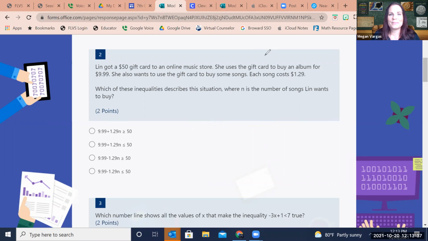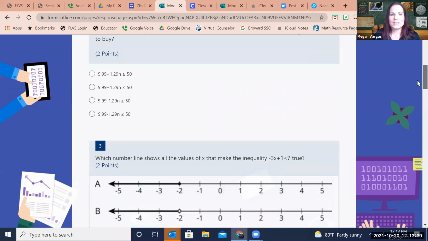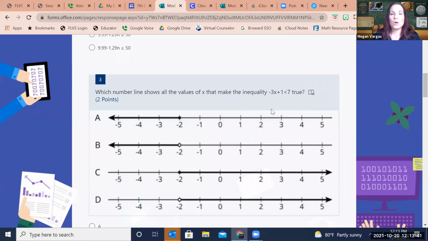All right. The next one, we have an inequality to graph, but we have to solve it first. So I'm going to move this out of the way and solve it up here. Negative 3x plus 1 is less than 7. Remember we have the order of operations.